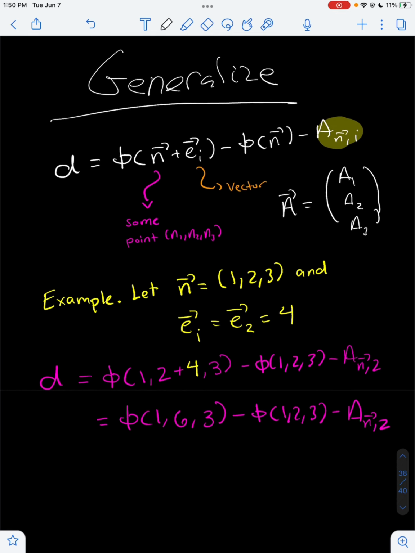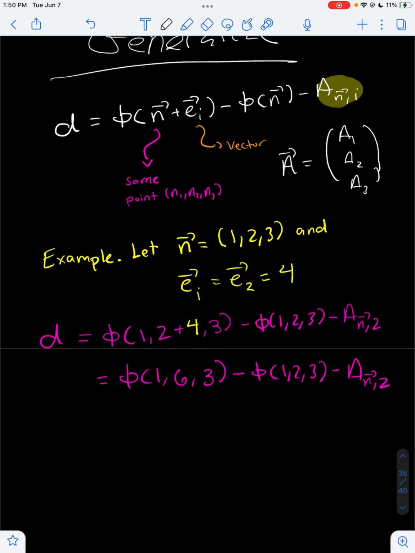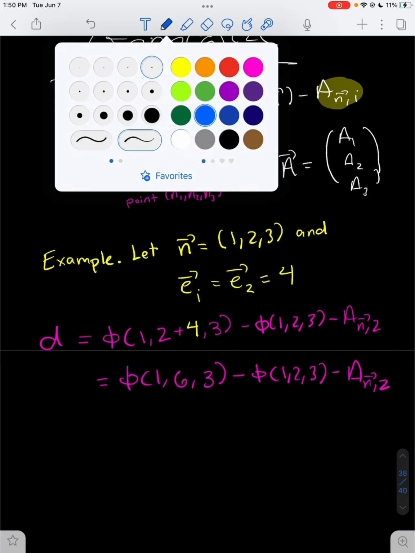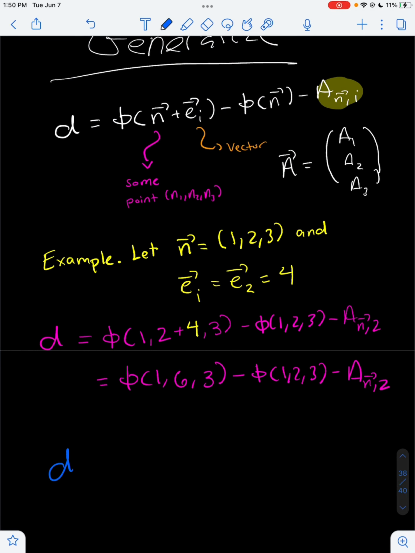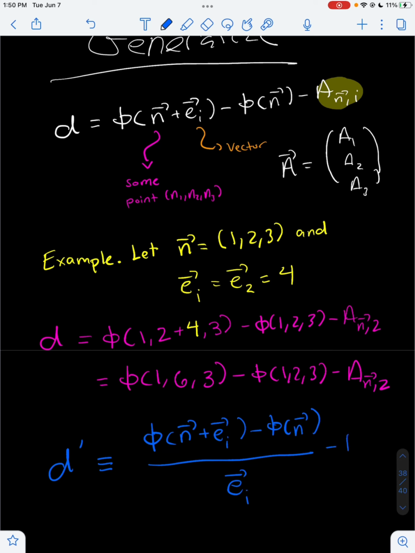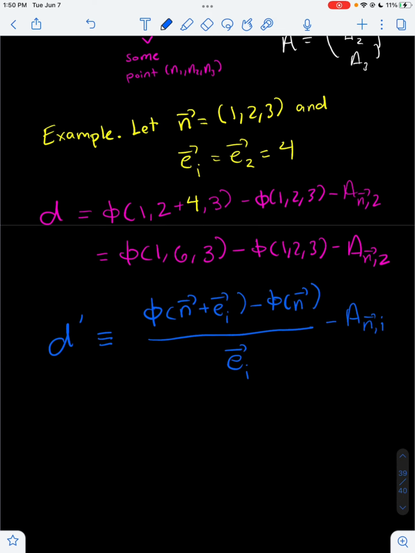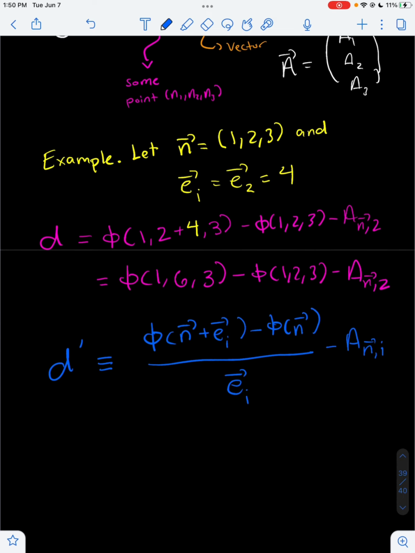So what we can do now is we can define some new quantity. Let's call this new quantity d prime, where d prime is going to be defined as phi of n plus ei minus phi of n over ei minus a n I. So this is the new quantity d prime.